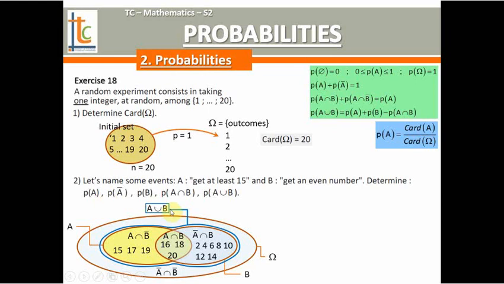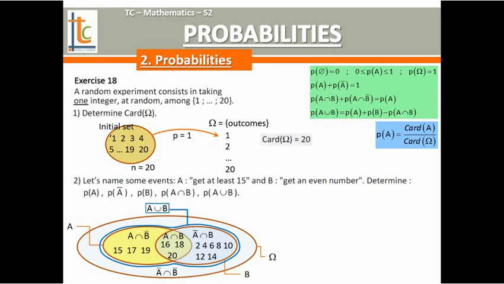And outside A union B, you've got all the numbers that are not at least 15 and not even. So all the rest is 1, 3, 5, 7, 9, 11, and 13. I didn't write them because of the room I've got here, but we can imagine they are here.